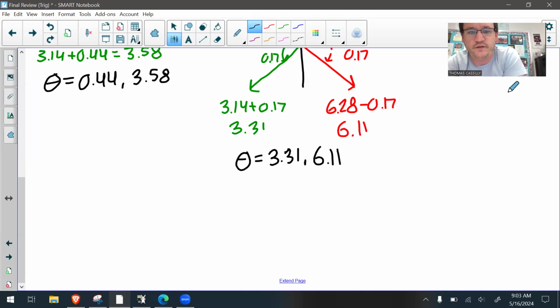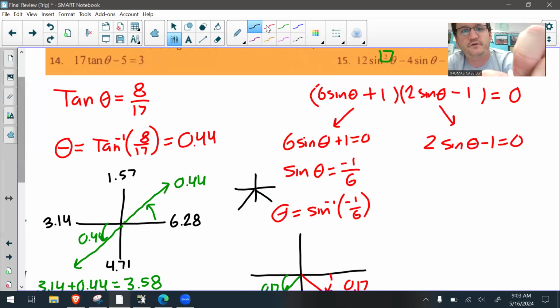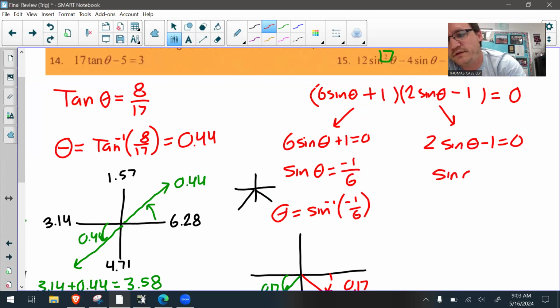But keep in mind, this was a squared problem, and we have this other factor that we have to take into consideration. Just doing some quick math here, we get sine of theta equals 1/2. This is actually a nice one because 1/2 is on the unit circle, so we don't really have to punch anything into the calculator.